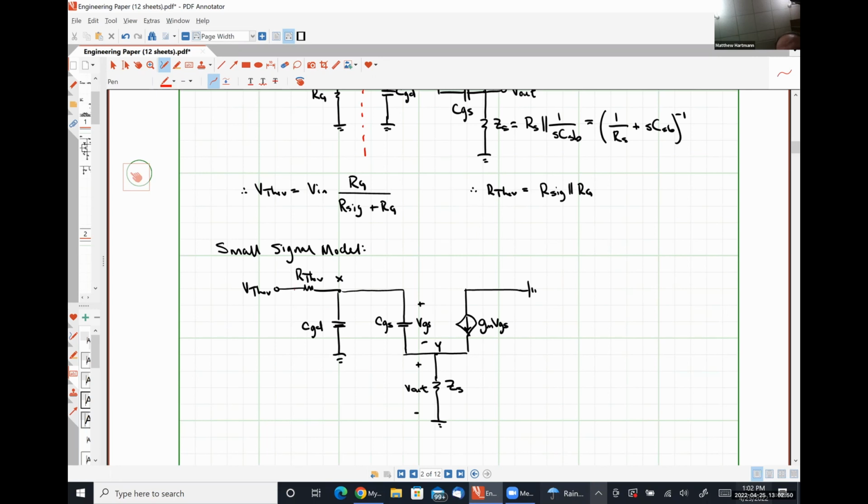I'm starting at V Thevenin, and I'm going to ground this way. So effectively, I'm starting at the negative polarity terminal of V Thevenin. And I'm going to say that V Thevenin is equal to the voltage drop over R Thevenin plus VGS plus V out. Well, in order to get the voltage drop over R Thevenin, I'm just going to arbitrarily say there's a current, and I'm going to call it IX.